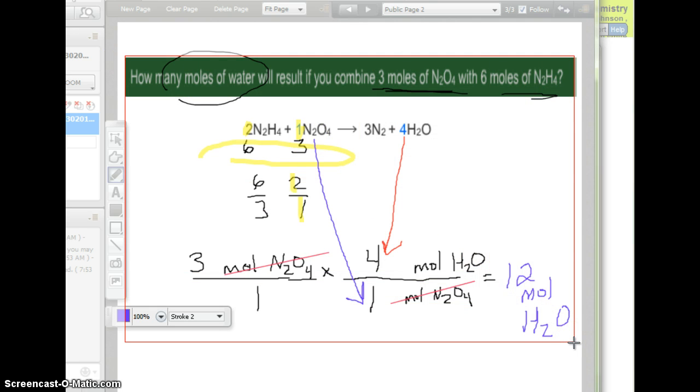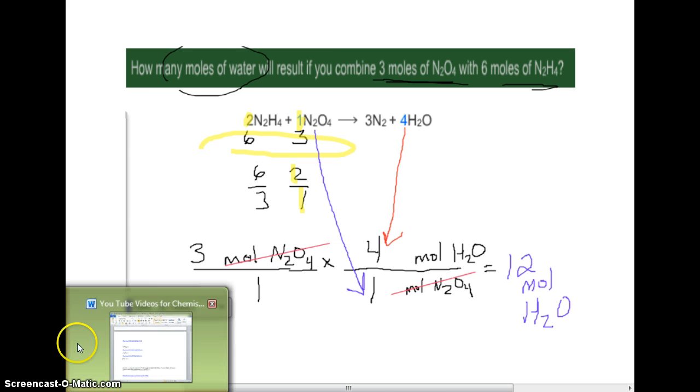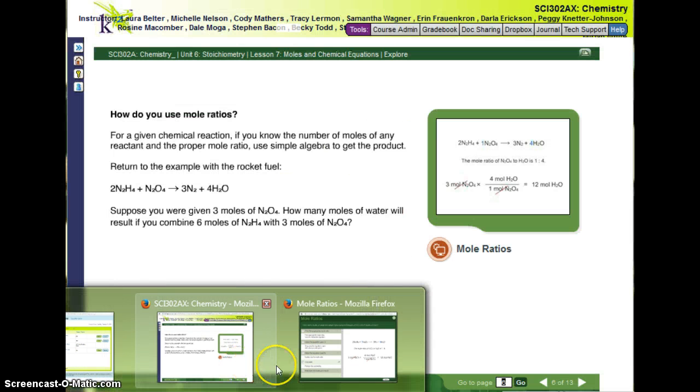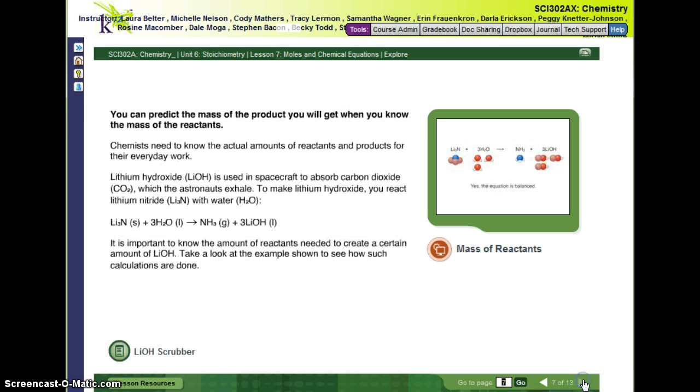Hopefully, like I said, you are writing this down. It doesn't help you if you only listen. You actually have to practice it yourself, and then you'll have these notes to look over later. If you notice, I also tried to color code a few things. Please do not hesitate to color code things as well. That will help you figure things out later as far as where you got stuff from.